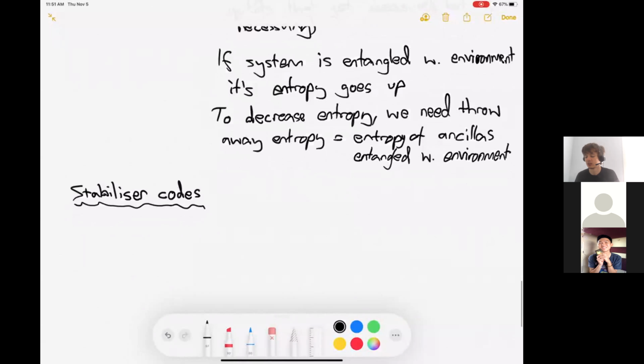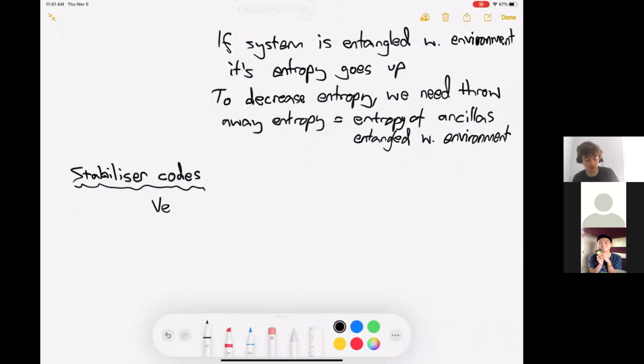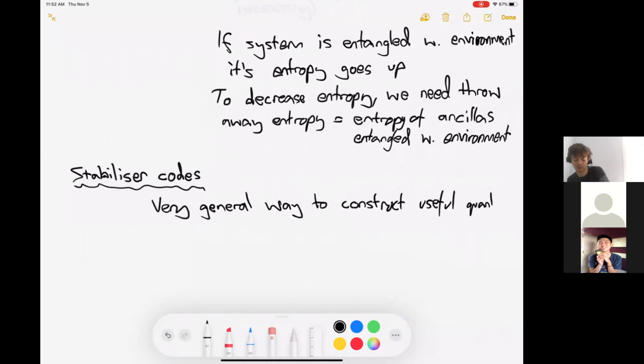These are just a very general way to construct useful quantum codes.